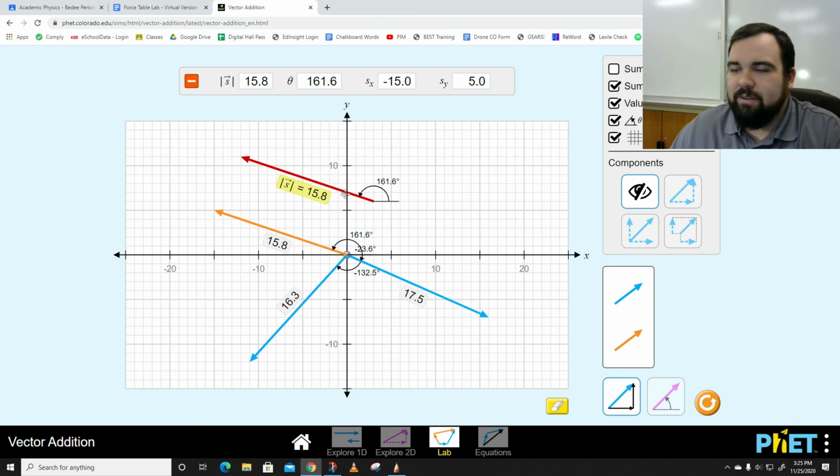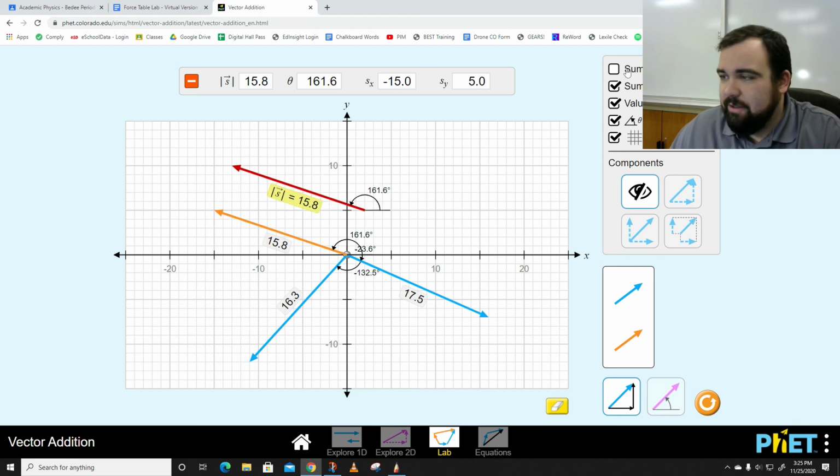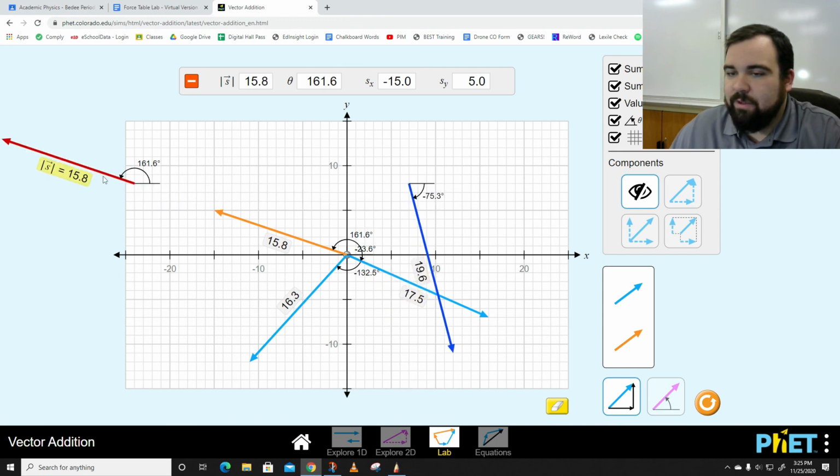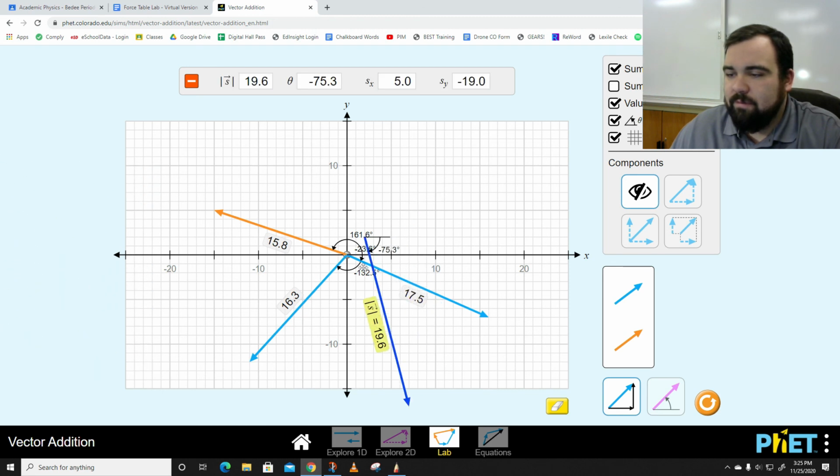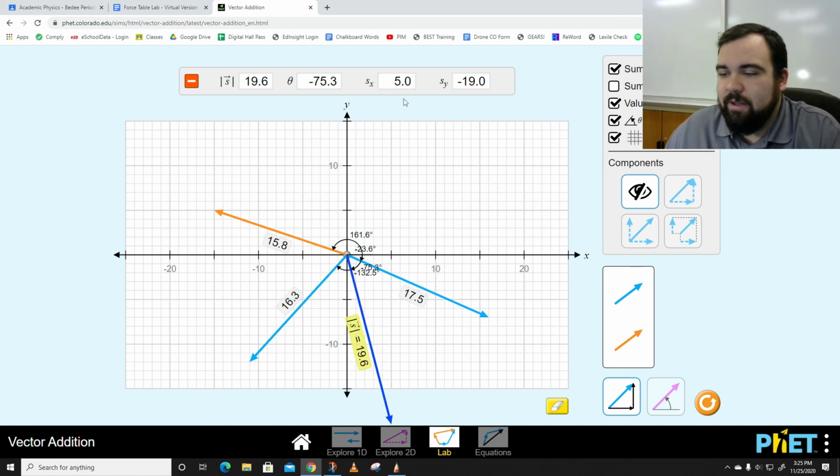Which is kind of odd considering, let's check. There we go. You don't want the red sum, you want the blue sum. This. Okay, that makes a little bit more sense. So that is your net force. Okay, so that's the sim.